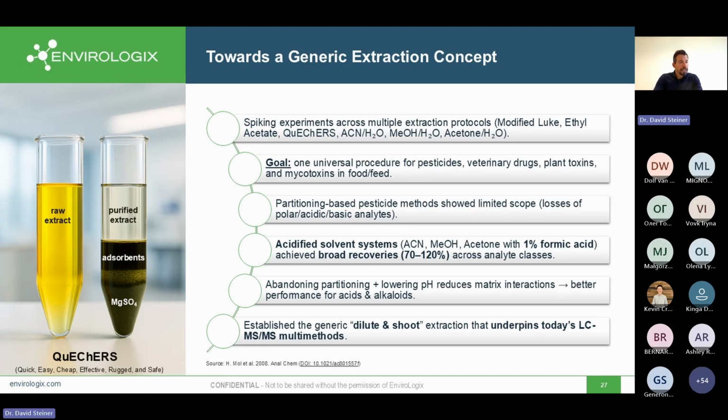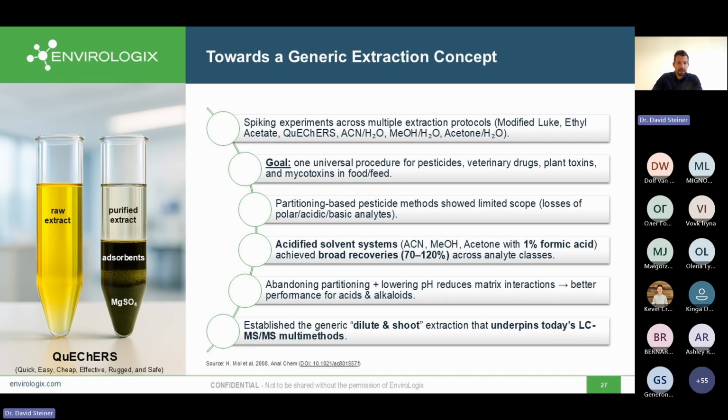This showed that abandoning partitioning steps and lowering the pH reduces matrix interaction significantly, also enabling a simple and robust dilute and shoot protocol, which can be seen as the backbone of these large-scale LC-MS methods nowadays.